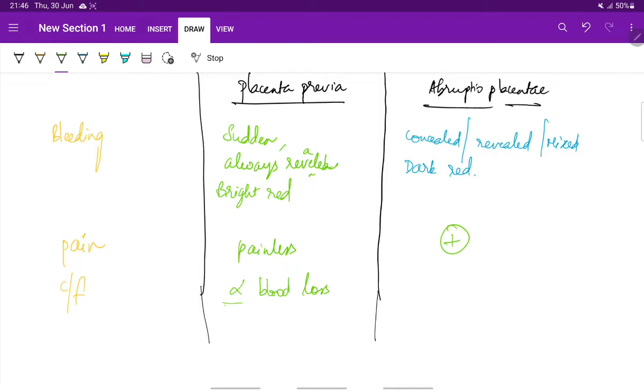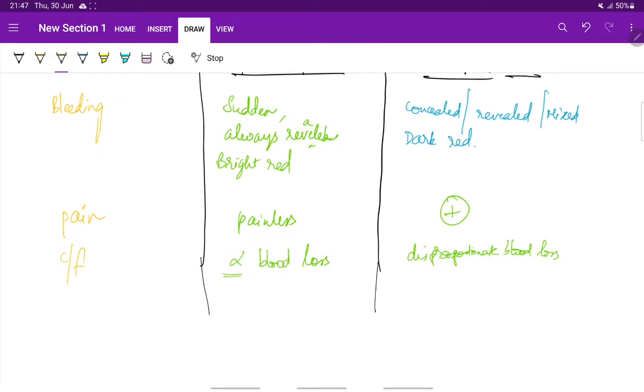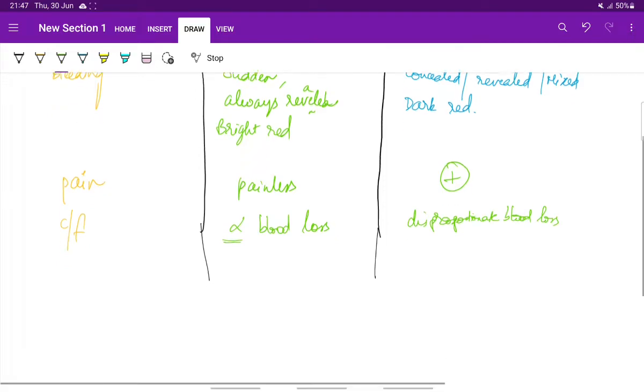That is, however much there is blood loss, there will be clinical manifestations according to the amount of blood loss. Whereas in case of abruptio placentae, it is usually disproportionate to the blood loss. Even in case of mild blood loss, there will be very high clinical manifestations.